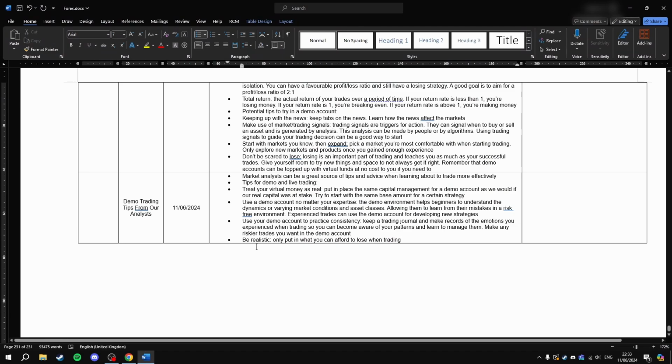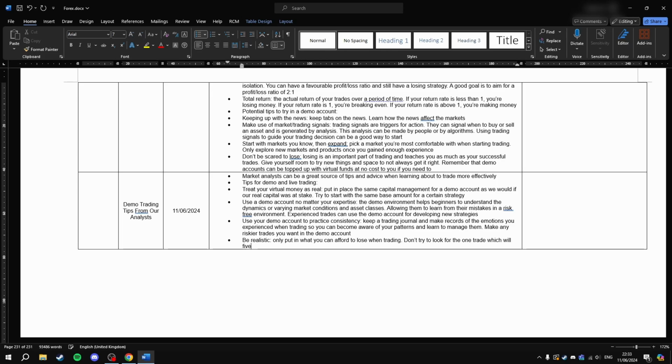So, don't try to look for the one trade which will give you financial freedom.